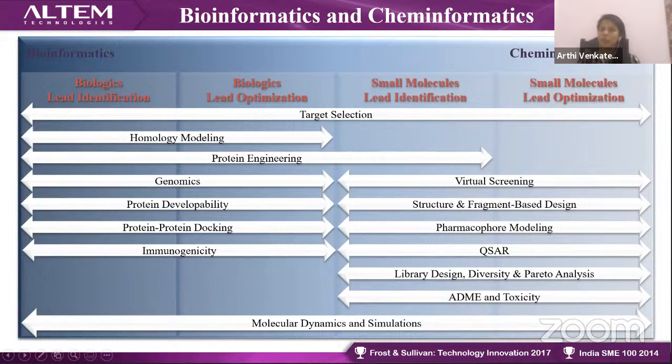If the protein structure is not available, say I have a protein molecule and you might have discovered a drug and you want to test it against that protein molecule. If the protein structure is not available, we'll be doing homology modeling, and you will predict the structure. So we will be discussing homology modeling today.